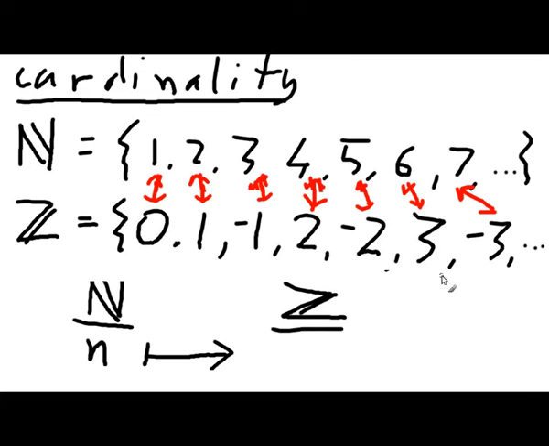So here, n in the set of natural numbers, depending on whether it's odd or even, is being paired up to a positive integer or a negative or zero integer, right? So here, 2 in the natural numbers pairs up with 1, 3 with -1, 4 with 2, 5 with -2, and so on.